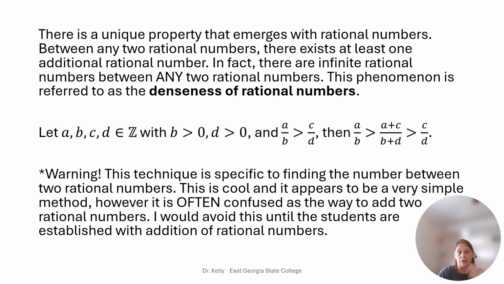And not to blow your mind, but there is an infinite number of fractions just between 0 and 1/10. We couldn't in our lifetime write down all the fractions in that narrow little space. And that's the same if I was talking between 0 and 1 over a million. There's still an infinite number of numbers between 0 and 1 over a million. It's crazy, but that's the denseness of rational numbers, okay?